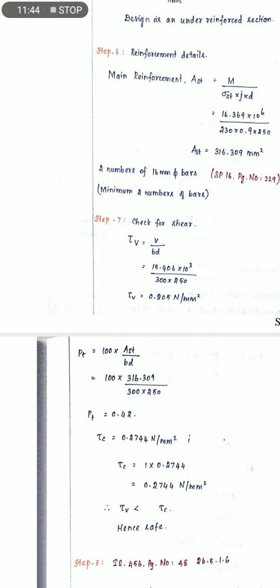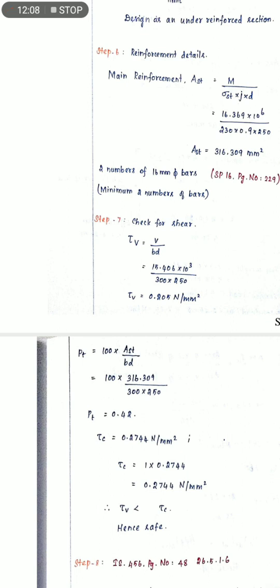Permissible shear stress should be greater than tau v. If it satisfies, then the beam is okay. Therefore, tau v is 0.205 Newton per mm square.